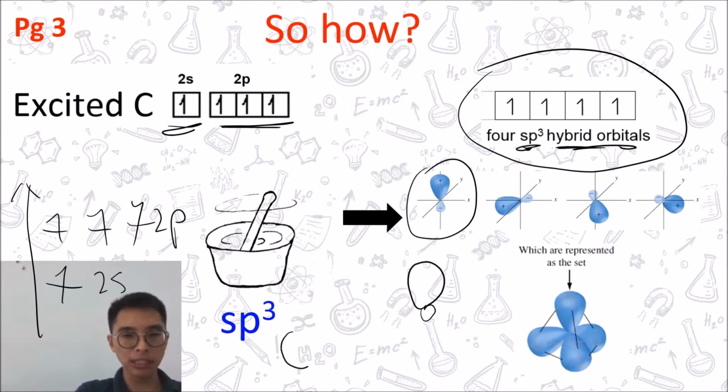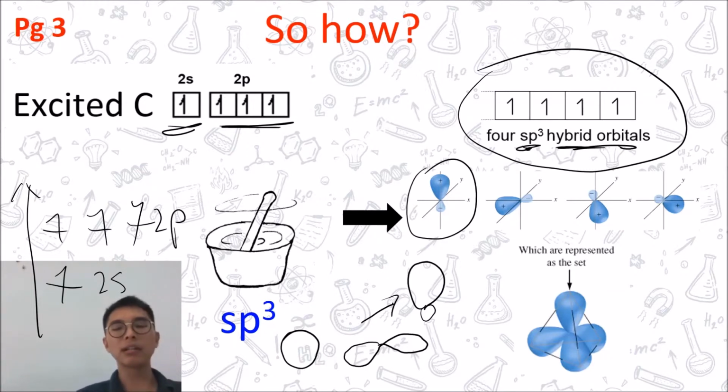An s orbital looks like this, a p orbital looks like a dumbbell. If we mix them together, we get something called a hybrid orbital, which looks somewhere in between an s and a p orbital.